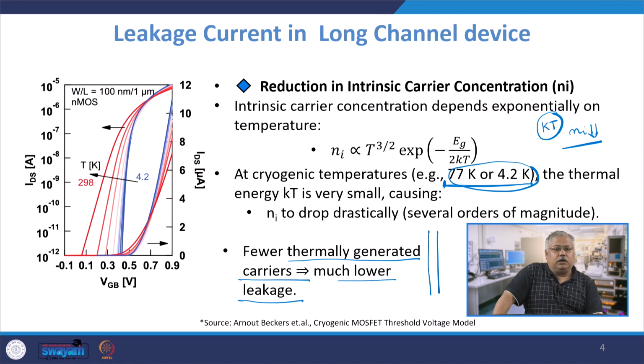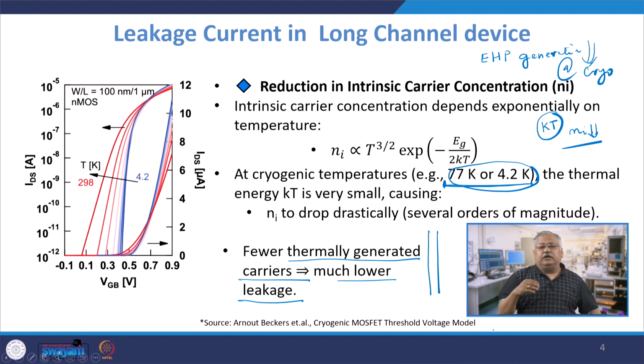And why? Because your temperature is so small that you are not able to have thermally generated charge carriers, and that is the reason you will have a much lower ni, or electron hole pairs being generated. So finally, the electron hole pair generation will be very small at cryo.